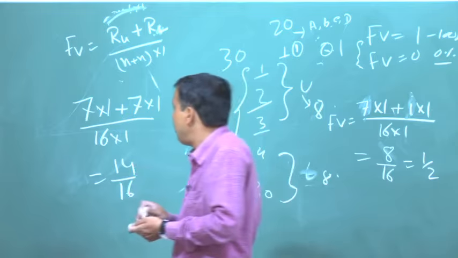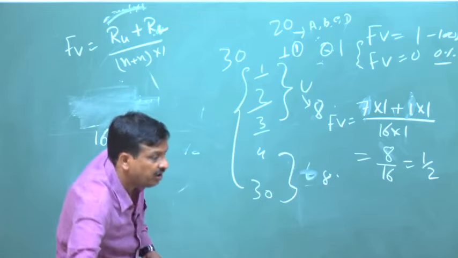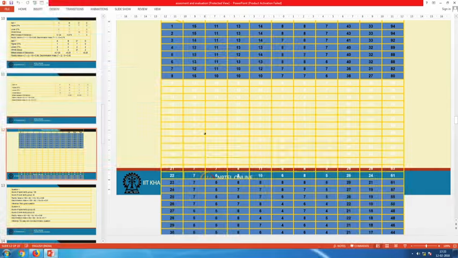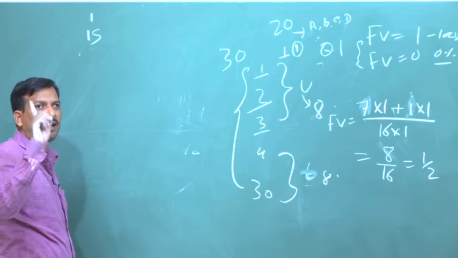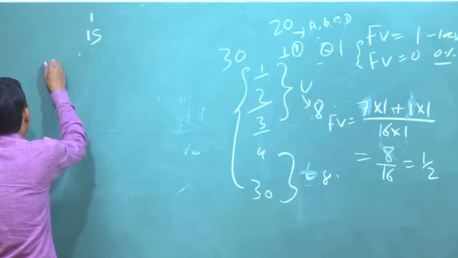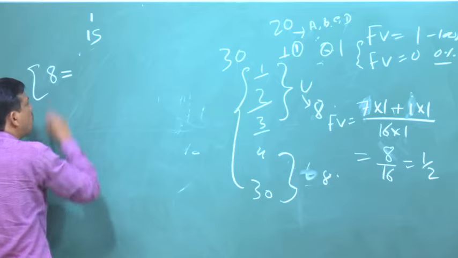So, you watch this video along with these slides. Let us say question number 1 has the highest marks, 15. Question number 1 carries 15 marks. Let us say the upper 8 students: how many marks do the upper group students get?